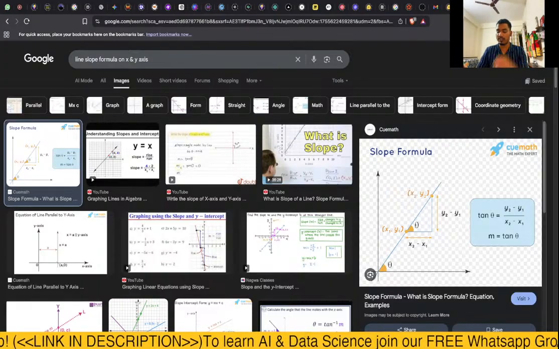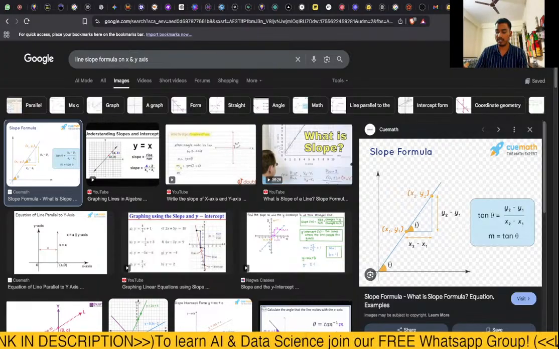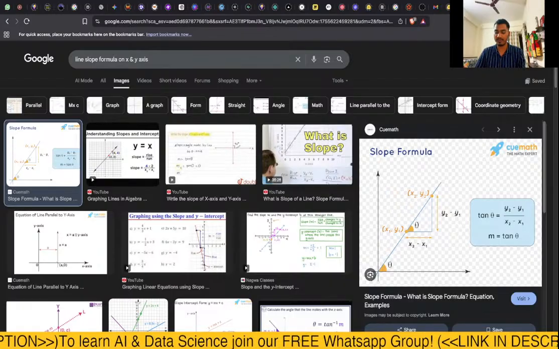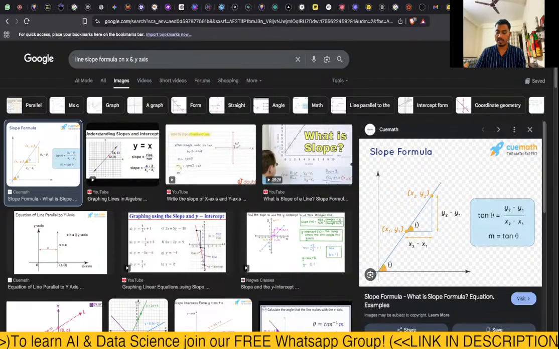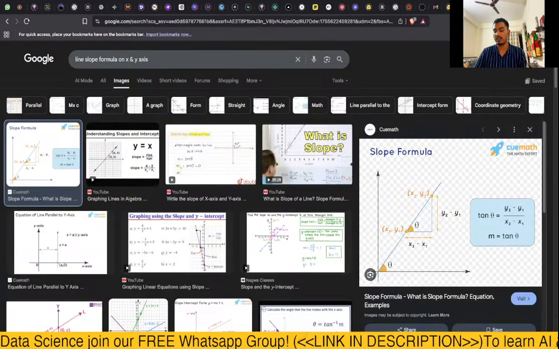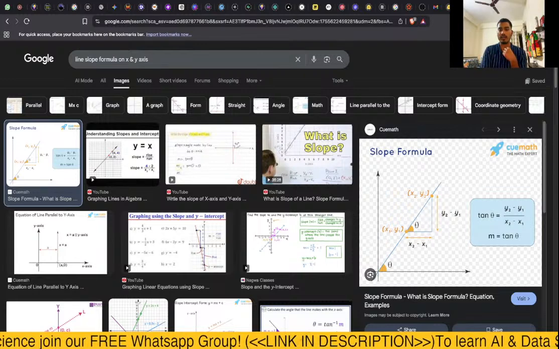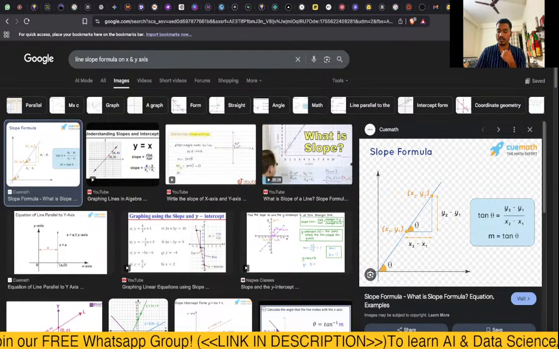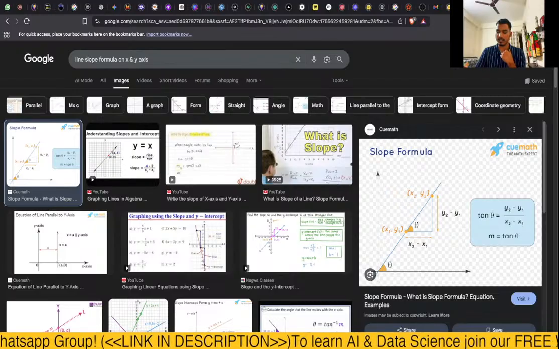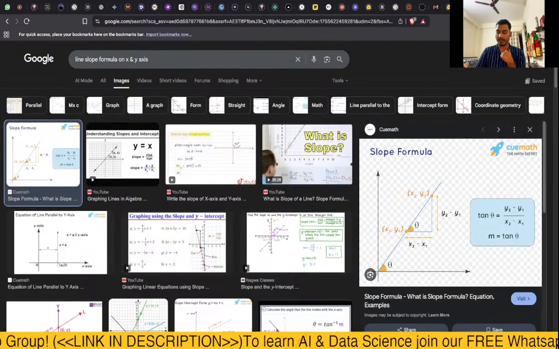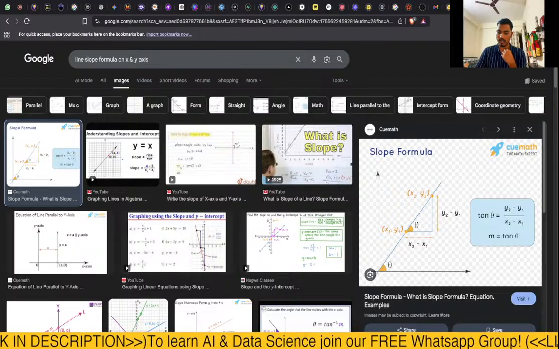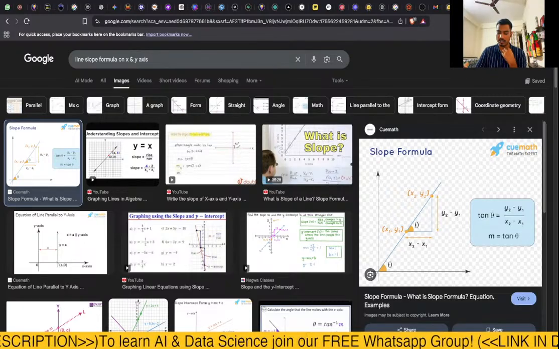We should have been discussing this theta, this angle. So you were actually right. This was tan theta: opposite side upon adjacent side. So we were discussing this theta, not that theta.